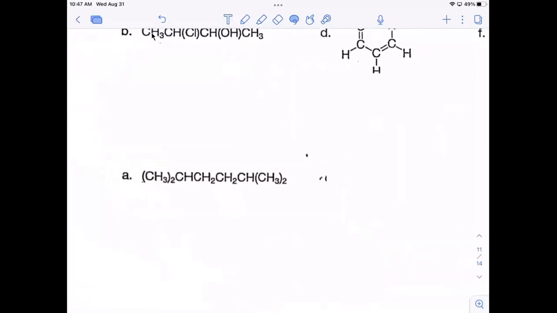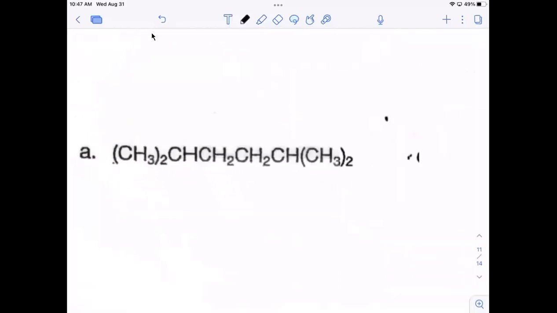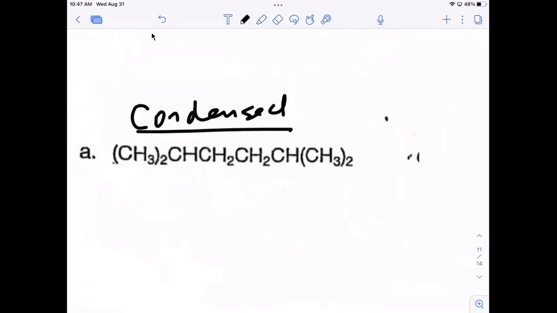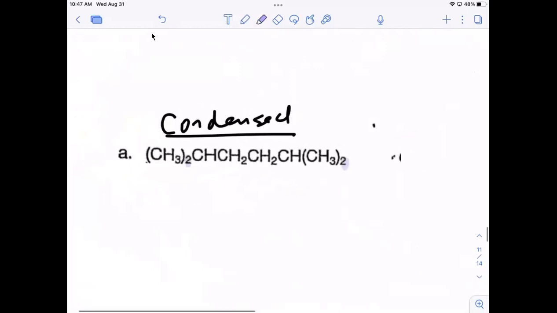The way you can tell it's condensed is by the subscripts. You've got these little subscript numbers and the parentheses, right? That's telling you that it's grouping up some functional groups. And because they're identical, you put them in parentheses and use a subscript.